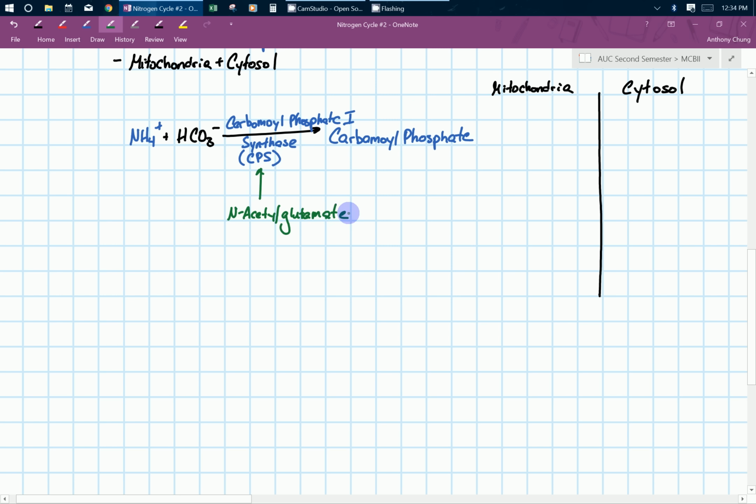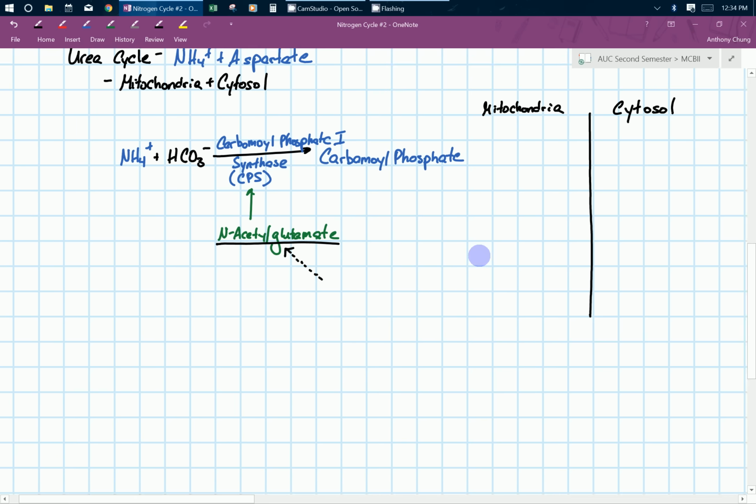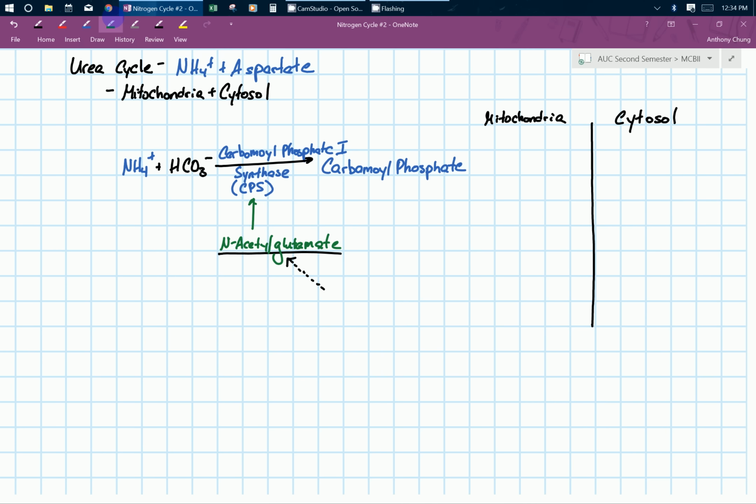The thing that we need to know about N-acetyl glutamate is that there's something else that causes its upregulation. There's a process that upregulates an enzyme that will make more N-acetyl glutamate, and then that will activate carbamoyl phosphate synthase. So I'm just going to draw a little dotted arrow over here. I just need you to know that something downstream will affect this enzyme, and this one is going to be the major regulatory step of this whole process.